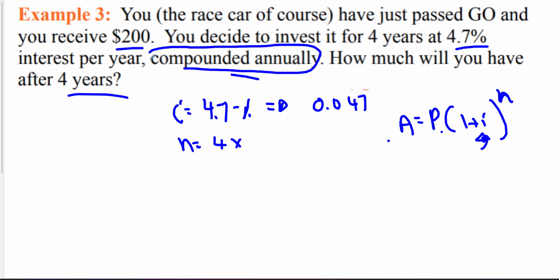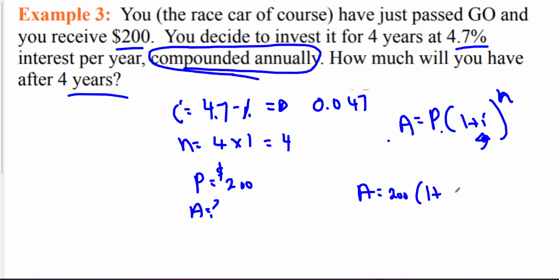So in this case, it's compounded annually. So 4 times 1, which is 4 years, which n is 4. And the initial amount, P, is $200. And A, we don't know what A is. So A is equal to 200 times 1 plus 0.047 to the power of 4.